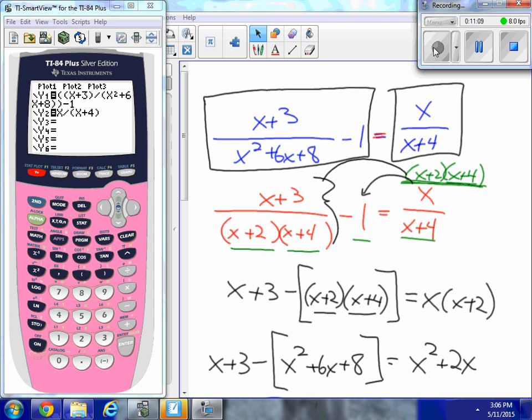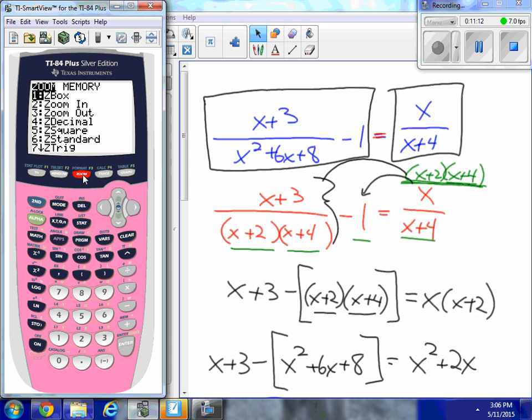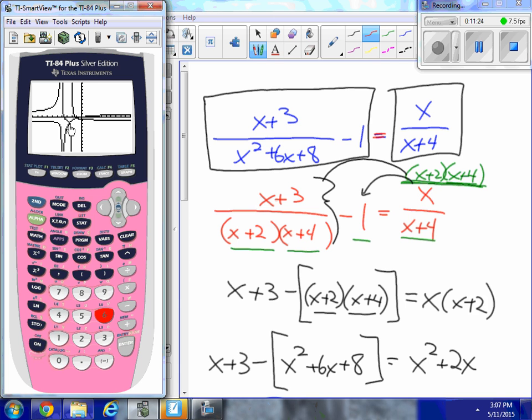And now I'm going to go zoom 6. The first thing that's being graphed is my left-hand side, and that's what that graph looks like. And here's my right-hand side. I can see that I have 2 points where they intersect. One's right there, and one's right there. So let's find out where those intersections are.